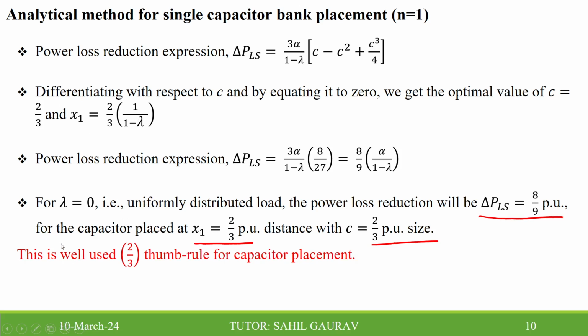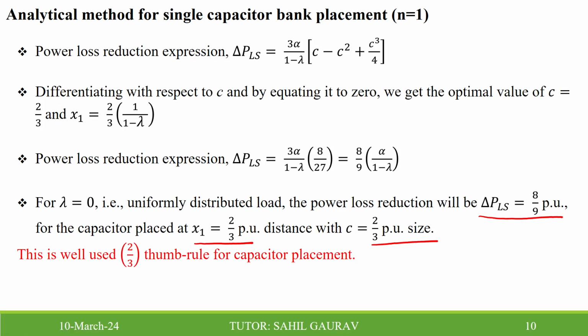From there, it is directly coming that for lambda equal to 0, that is uniformly distributed load, the power loss reduction will be 8 upon 9 per unit for the capacitor placed at 2/3 per unit distance with capacitor size of 2/3. So this is the well known 2/3 thumb rule. So the power loss reduction will be 8 upon 9 per unit, that is coming as 89%. So this is the thumb rule for single capacitor bank placement for uniformly distributed load.